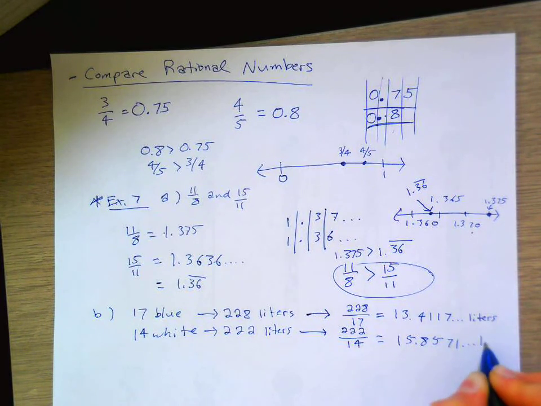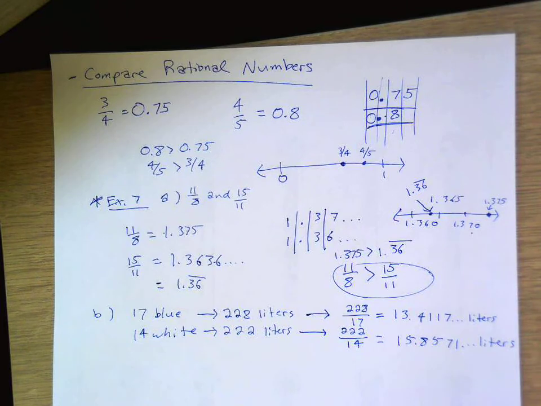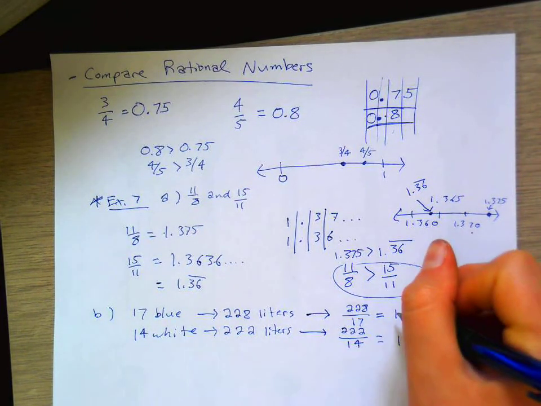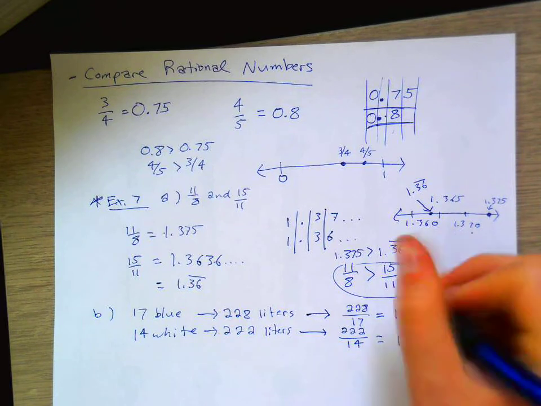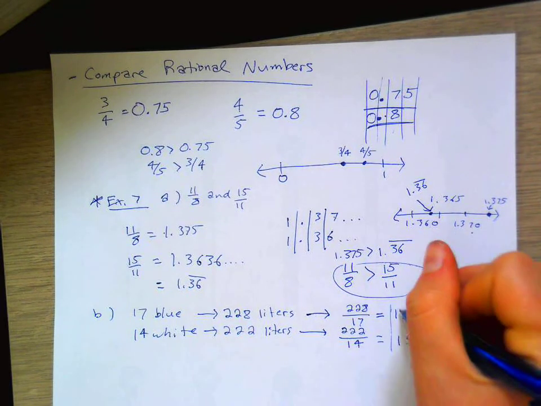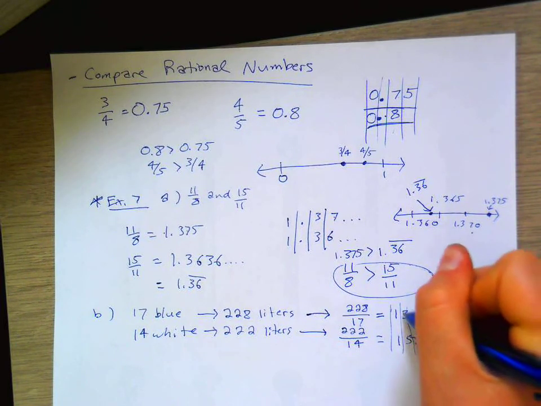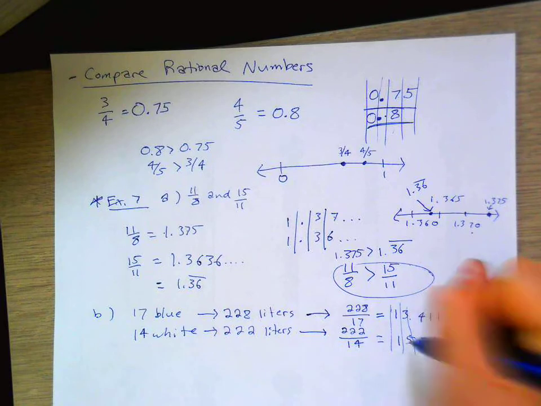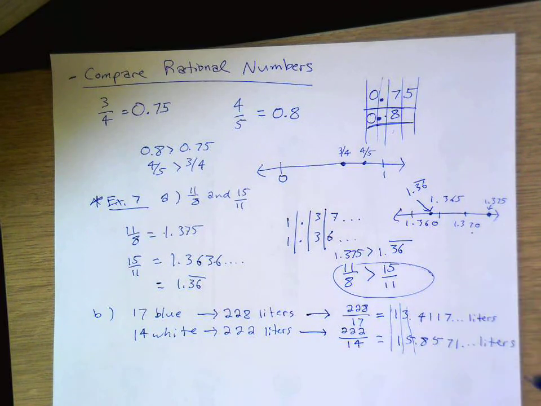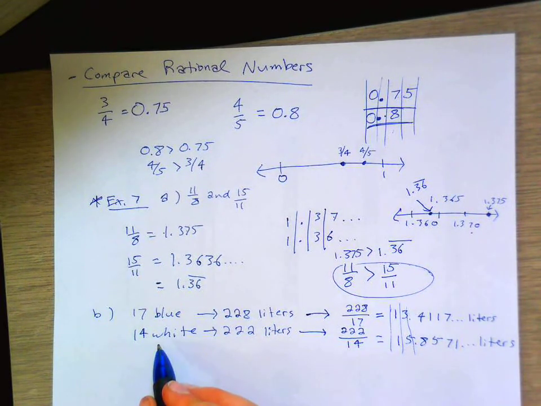So let's compare. The ones are the same. These are already lined up for us, so we'll just do it here. The ones are the same. These two, before we even get to the decimal, we can see that the 15 is bigger because it has a 5. Therefore, the one with more capacity is a white bottle, so the one with the less capacity are the blue bottles.